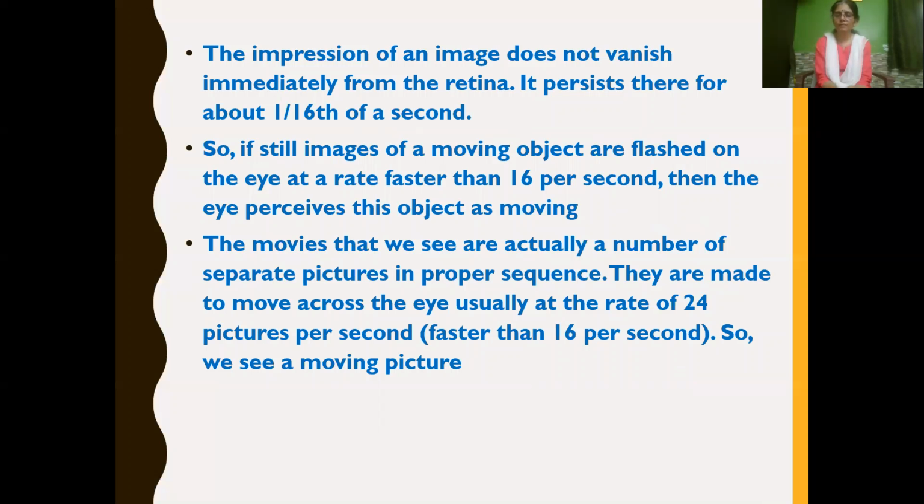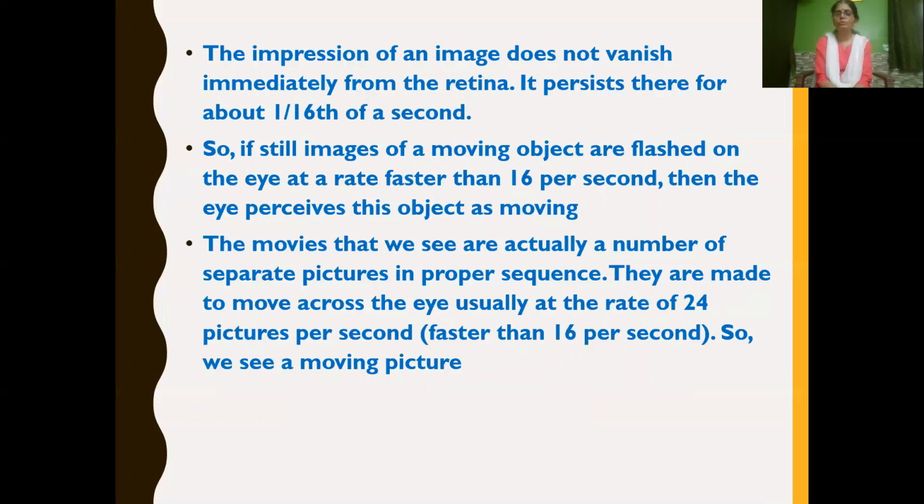If still images of a moving object are flashed on the eye faster than 16 per second, then the eye perceives the object as moving. The movies that we see are actually a number of separate pictures which are moved fast in a proper sequence.